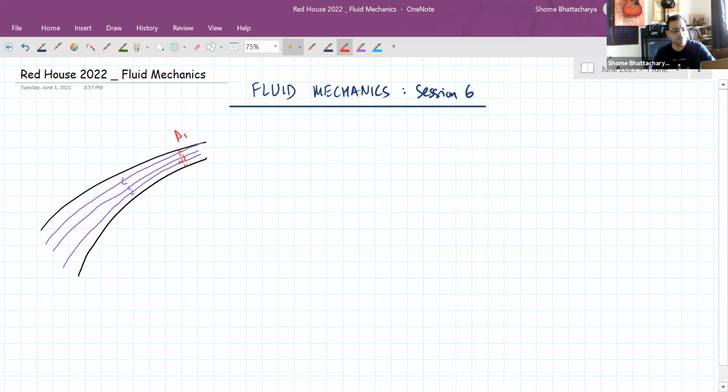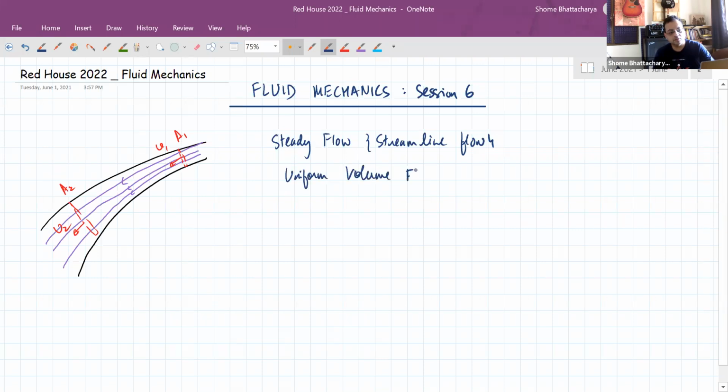So we have a cross section of area A1 where the velocity of flow is V1 in magnitude, and we have another cross section of area A2 where the velocity of flow is V2 in magnitude. We had seen, in keeping with steady flow or streamlined motion, the fluid maintains a uniform volume flow rate, which we can think of as dV by dt, as area of cross section into velocity.